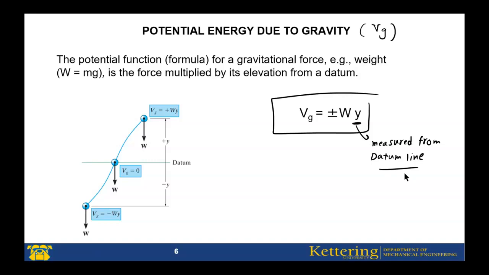For example, if this surface is a datum line and I hold this object above it, if I release it, it has energy, a potential energy. However, if it is below this line and I want to bring it up, I need to spend some energy to bring it up to the datum line. This is the reason below the datum line is negative, above the datum line is positive.